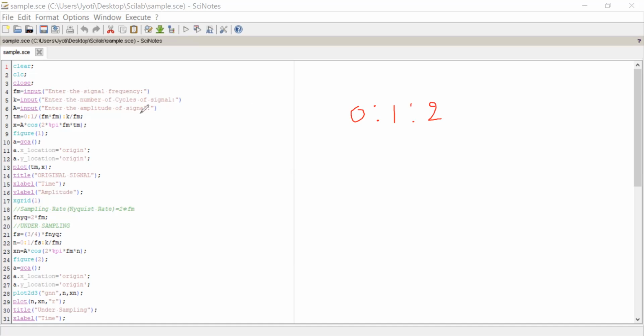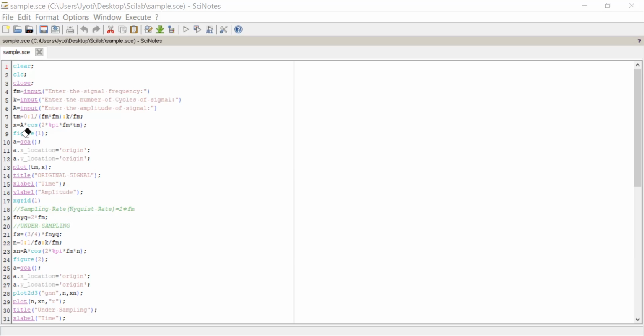Similarly, it will calculate like this only. The starting value is 0, the ending value is k divided by fm, and one step width is determined by 1 divided by fm star fm. That indicates the time axis values.